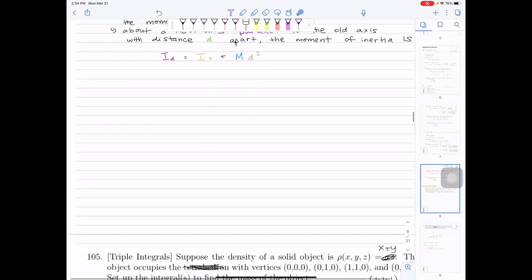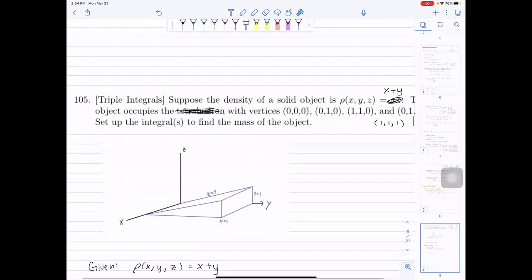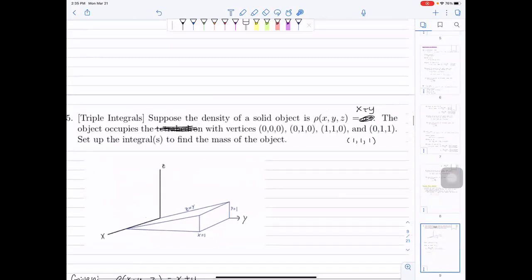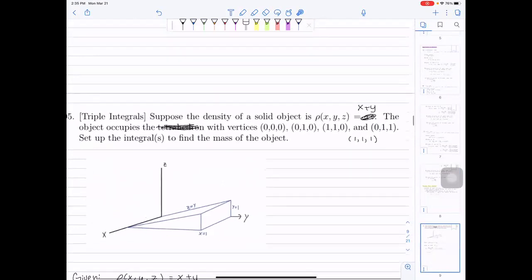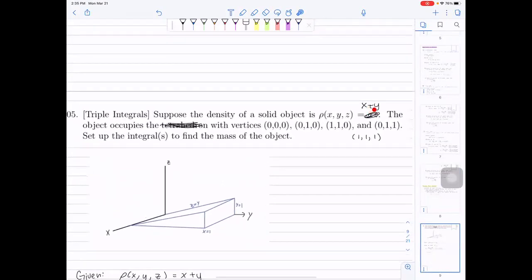Okay, so let's do an example. Suppose the density of a solid object is x plus y, and the object occupies this shape we see with vertices given, but I just drew the picture for you. Set up the integral to find the mass of the object. Take 30 seconds to think about how you would set up this integral.